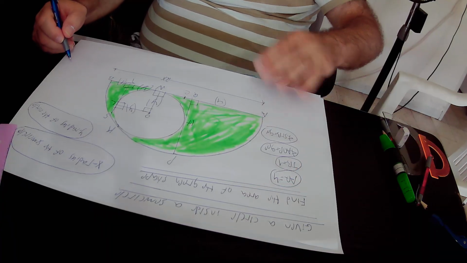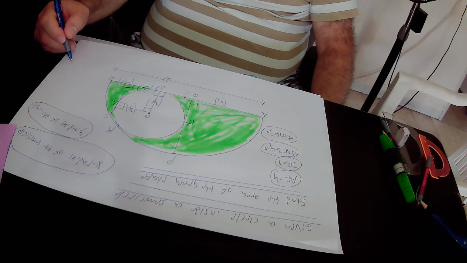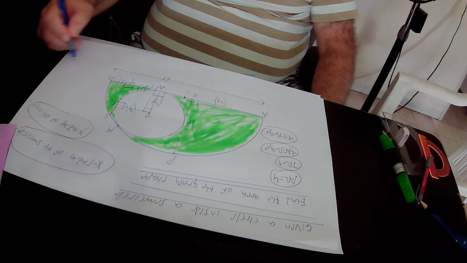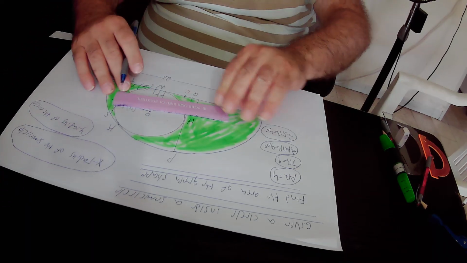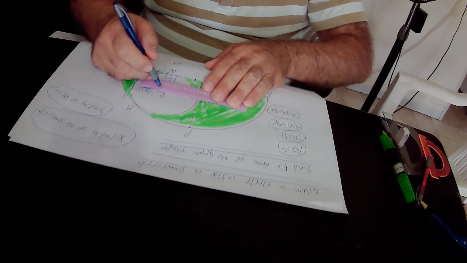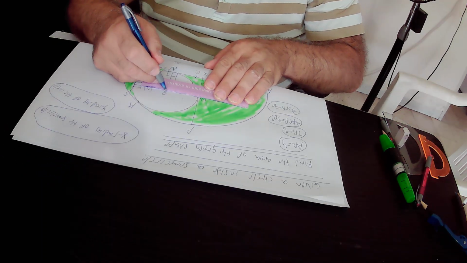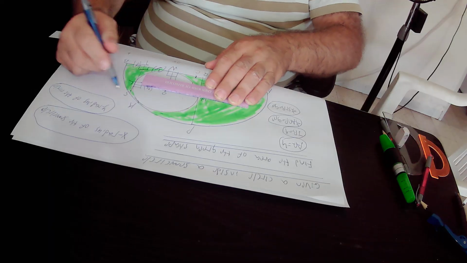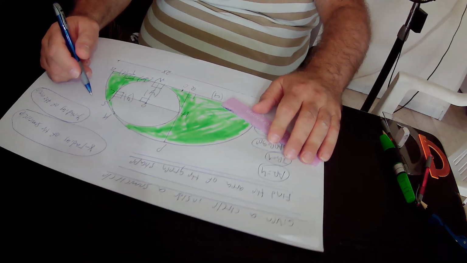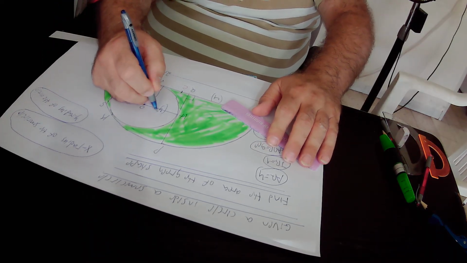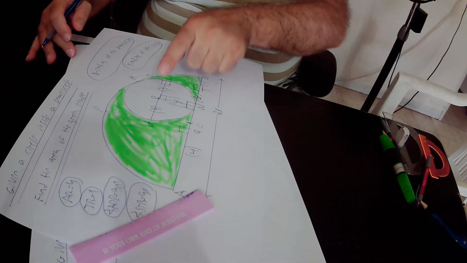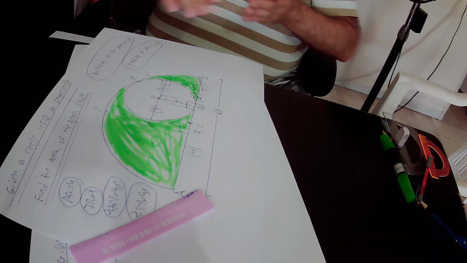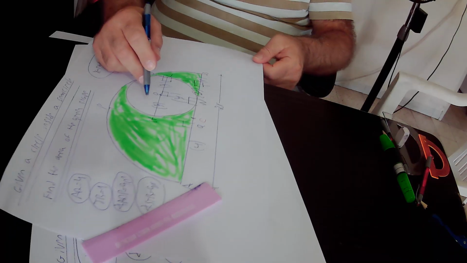In the next step, we join points O and H together by a straight line. OH is of course the radius of this circle, that is equal to y. The radius OH is drawn to point H, that is the point of tangency of tangent PQ with this small circle.